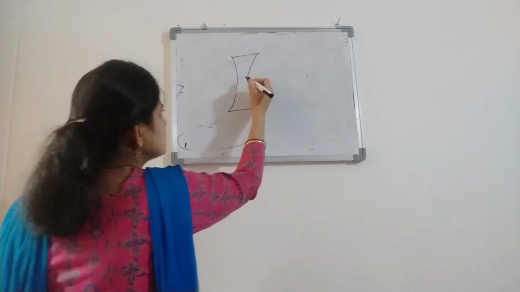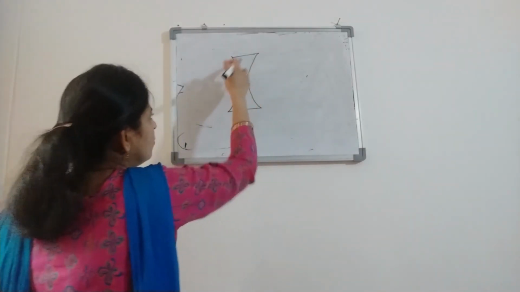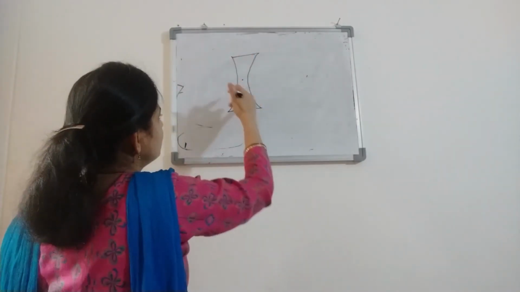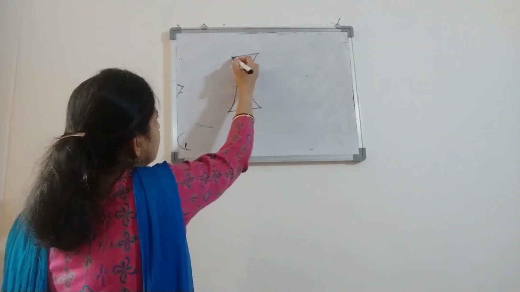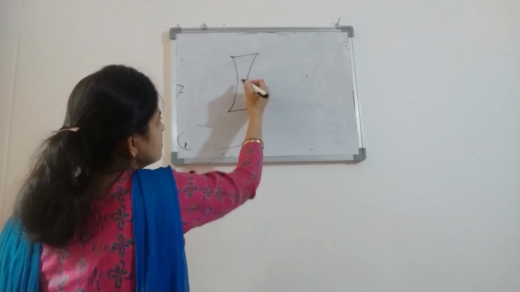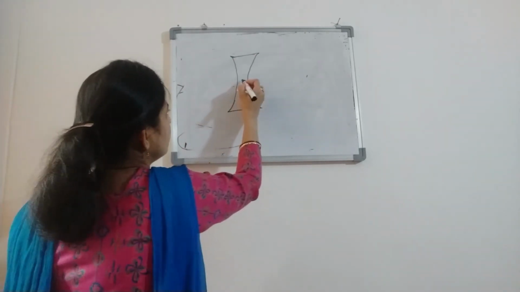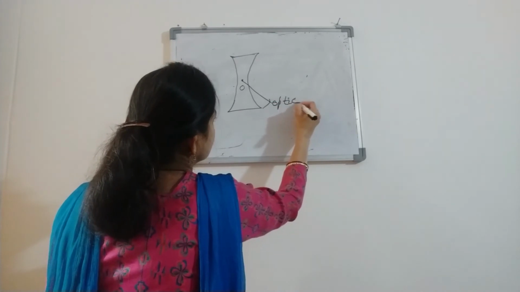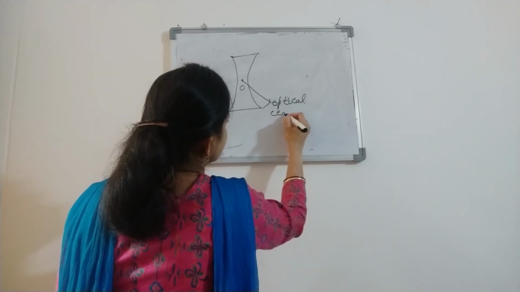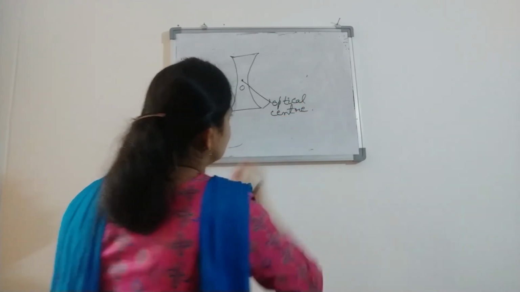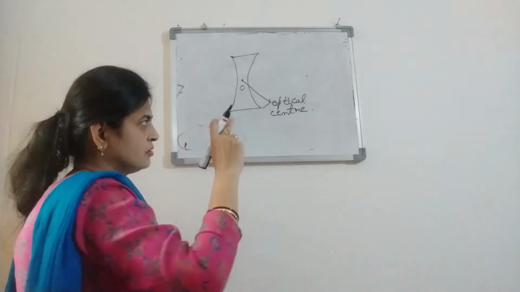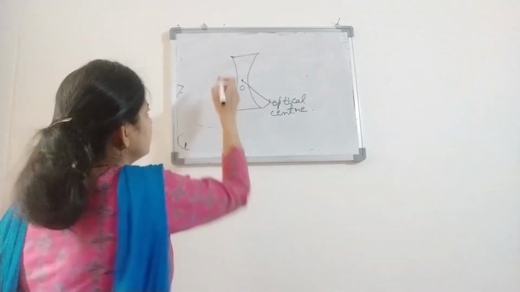Optical center means the center of the whole transparent medium, or the center of the whole lens. Suppose this is your O. O is the optical center.